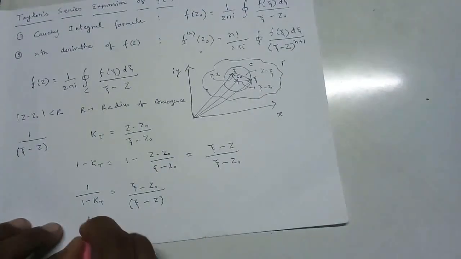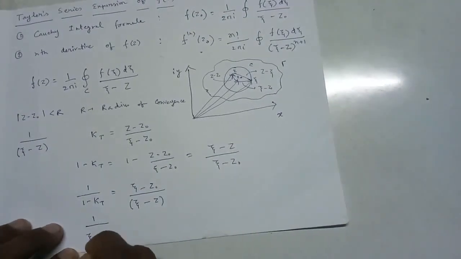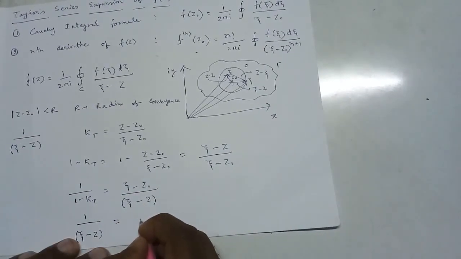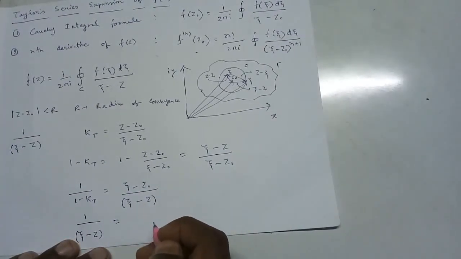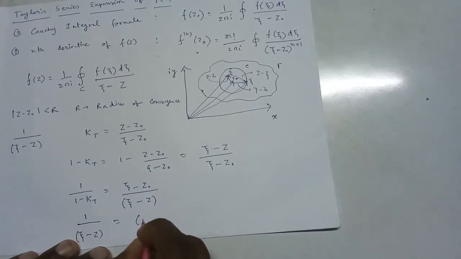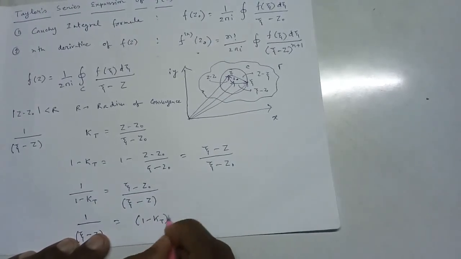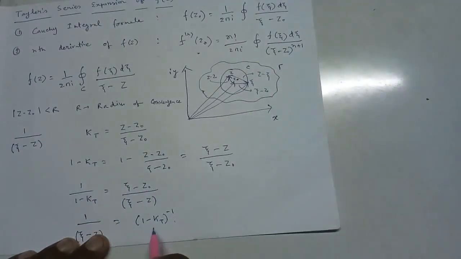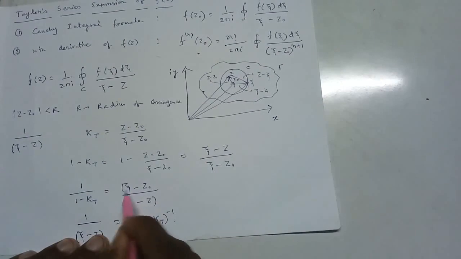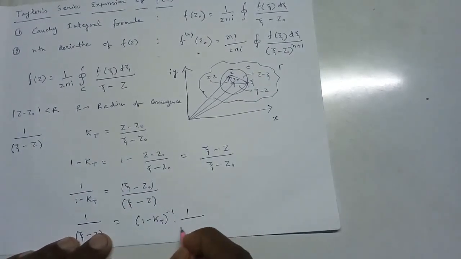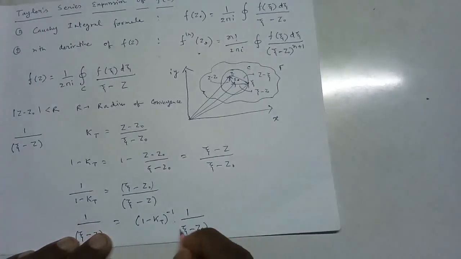We get 1 by xi minus z equal to 1 minus kt to the power minus 1, and this term will be 1 upon xi minus z0.